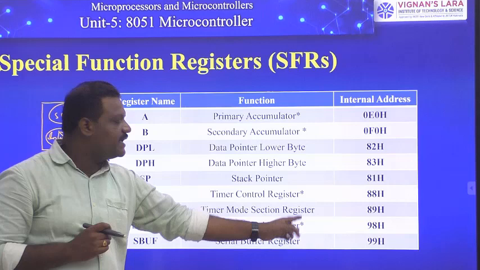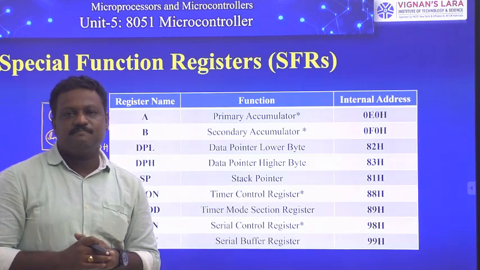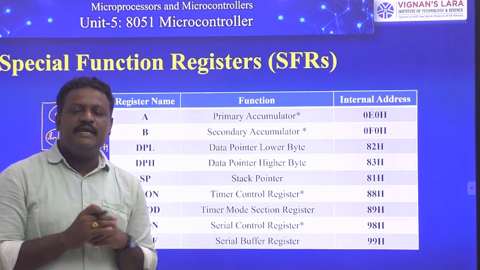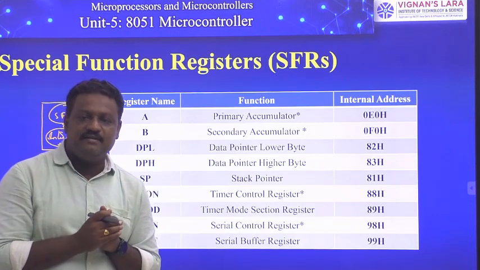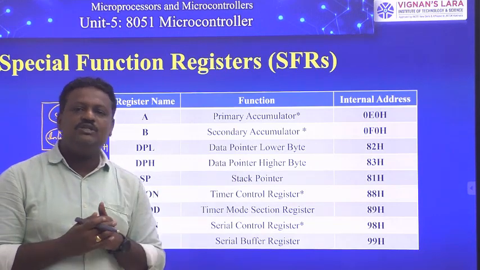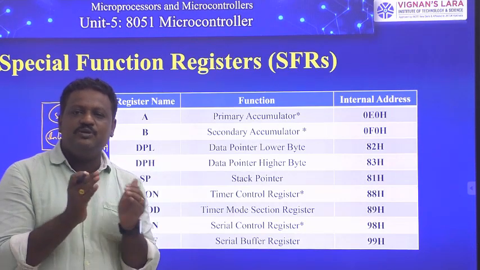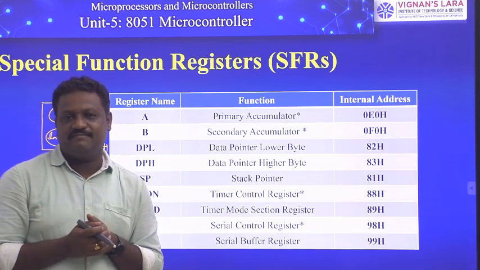That star mark indicates that the corresponding register is a bit addressable register. And one more thing: the registers we identified in the 8051 microcontroller, we can call in our program by using the name of the register or by using its internal address. We have that flexibility.